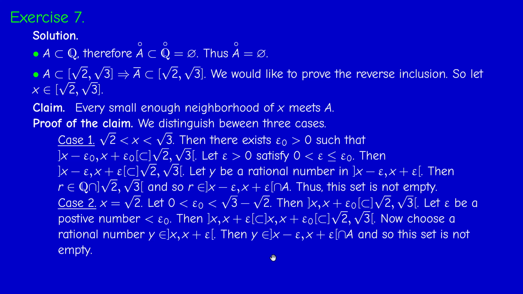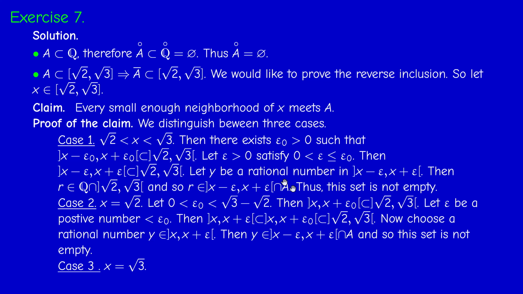Okay, and the last case is totally symmetric. If you take x to be √3, just repeat the same thing, but once again, we take ε0 equal to √3 − √2, and there we should change a little bit. Instead of x plus epsilon, we need to take x minus ε0, because it's symmetric.